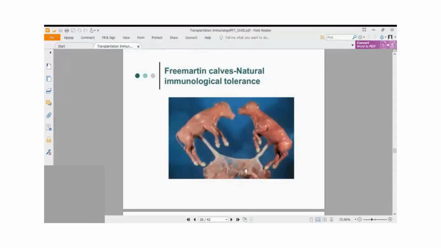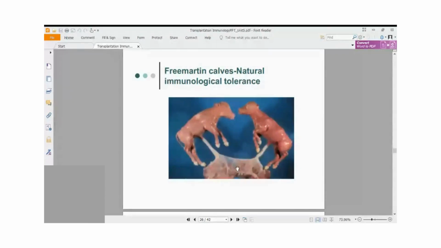Therefore, the antigens that are of origin in this calf will have a chance to diffuse in the placenta here. Same way, antigens of this calf also have a chance of diffusing into this placenta. So when those antigens diffuse, there is equal chance that they can be sampled by both of them, irrespective of their origin.